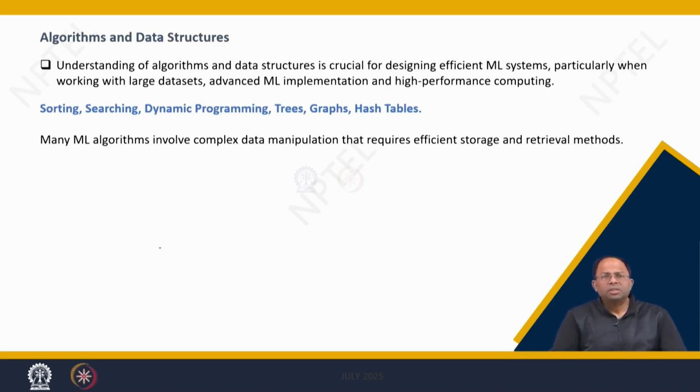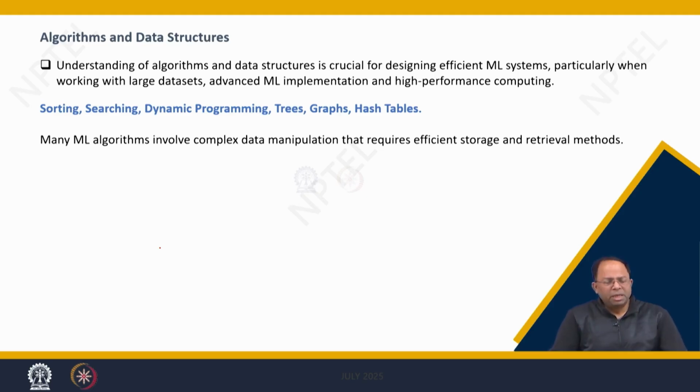Finally, coming to algorithms and data structures, as I told earlier, it involves sorting, searching, dynamic programming, trees, graphs, hash tables, and so on. That's why it is crucial in designing machine learning systems, and particularly in very large data sets, we have to search for and find the data. So it becomes part of the machine learning programs that we develop.